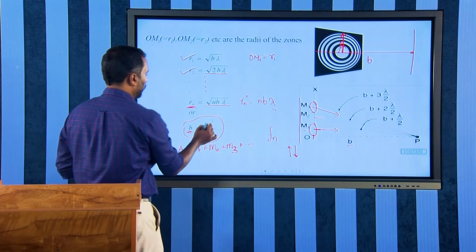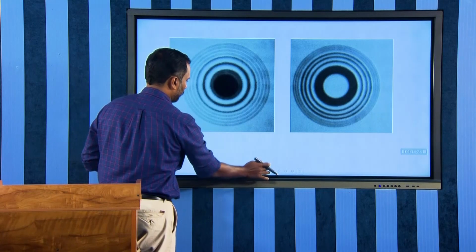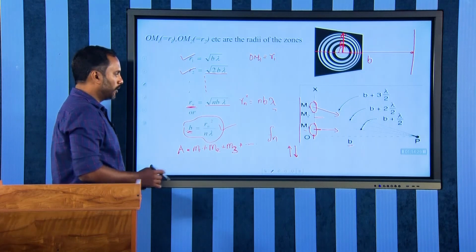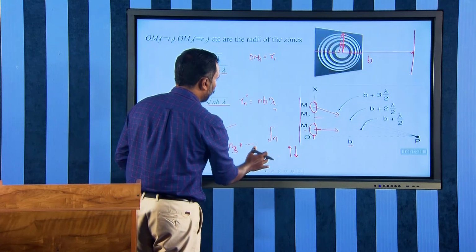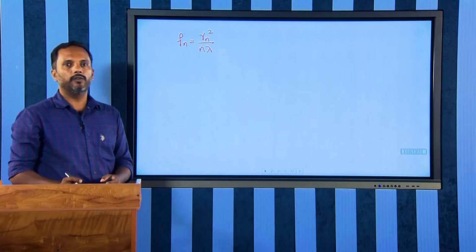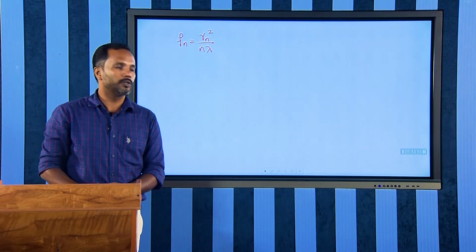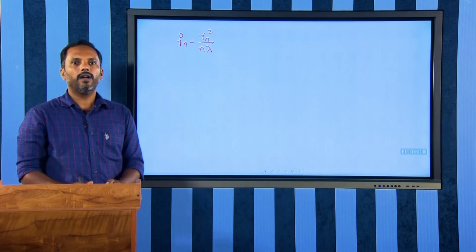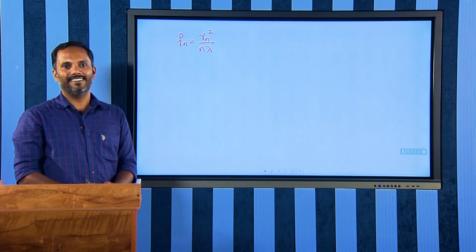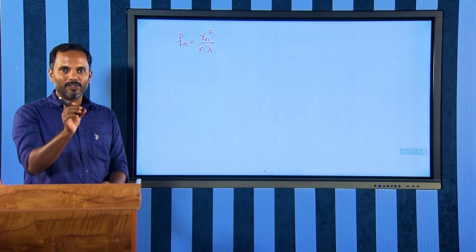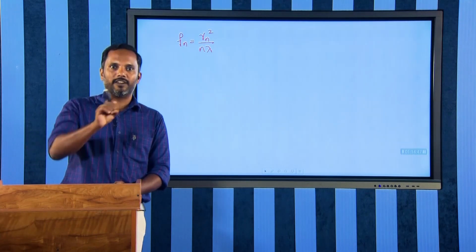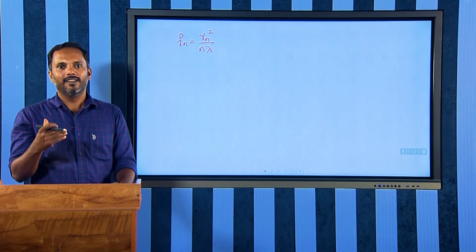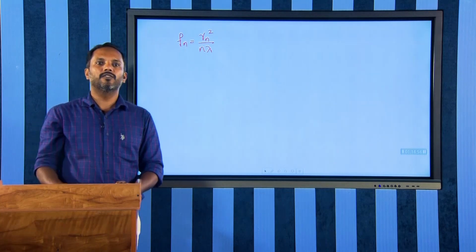So, this is the equation. We have taken it as the focal length of the zone plate, Rn square divided by n lambda, where n is equal to 0, 1, 2, 3, 4, etc. The focal length here depends on lambda, that is, the zone plate has different foci for different wavelengths, and the larger the wavelength, the longer the focal length will be.